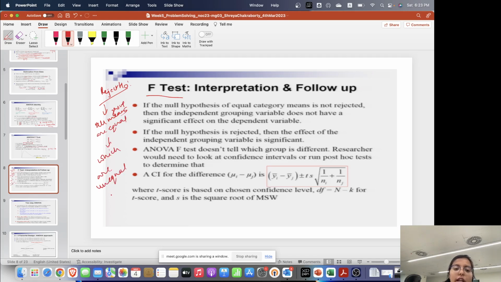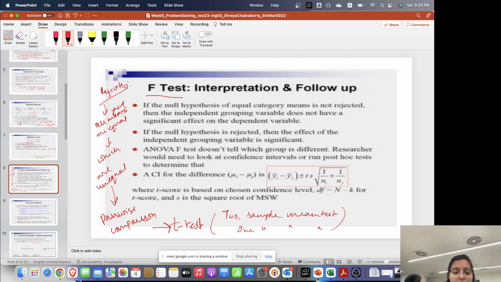So in order to test for that, we do pairwise comparisons, and here we'll do Student's t test, as we have seen last time, the 2 sample mean test or 1 sample mean test.